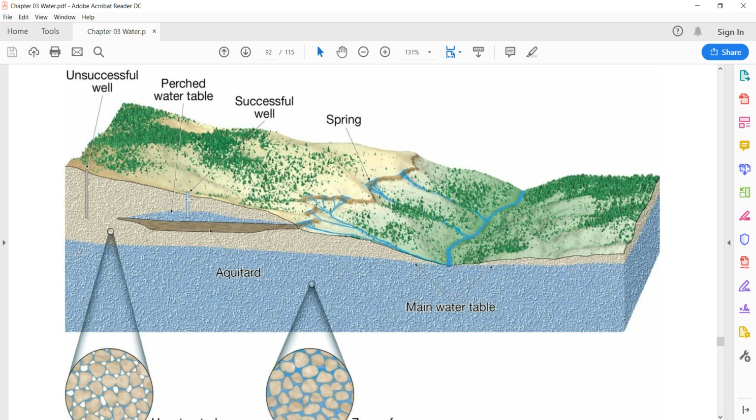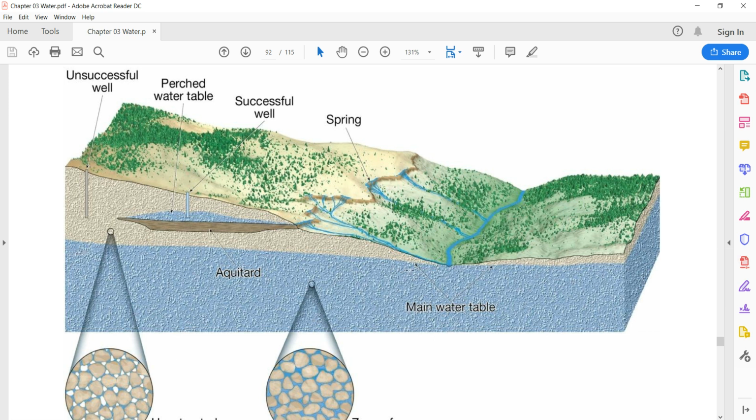So this is a very localized zone of groundwater, and it has a term called perched water table. And over there also, if you drill a well, it will become a successful well, but it will provide only a limited supply of groundwater compared to the entire zone of groundwater.